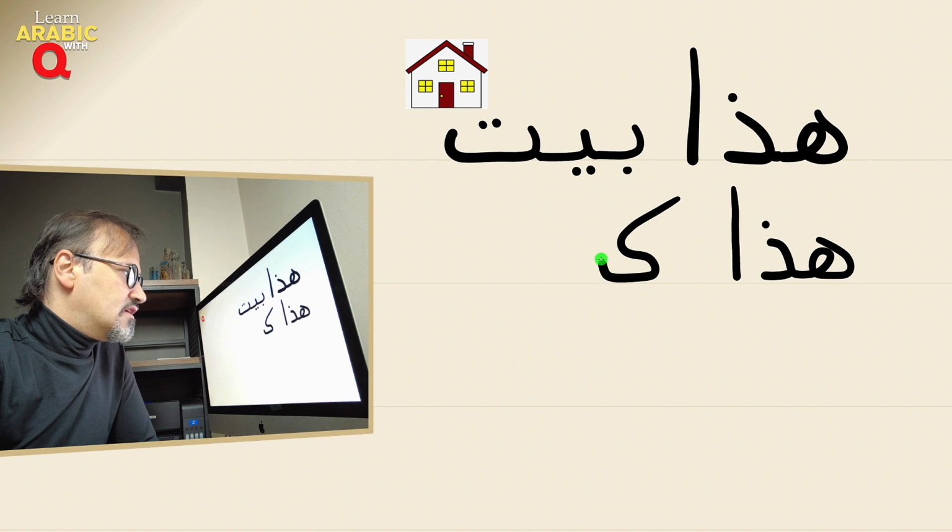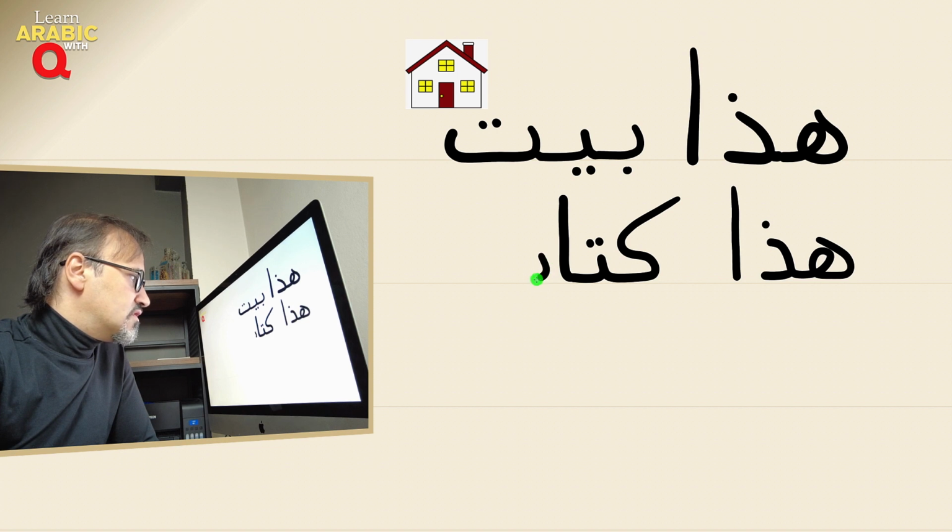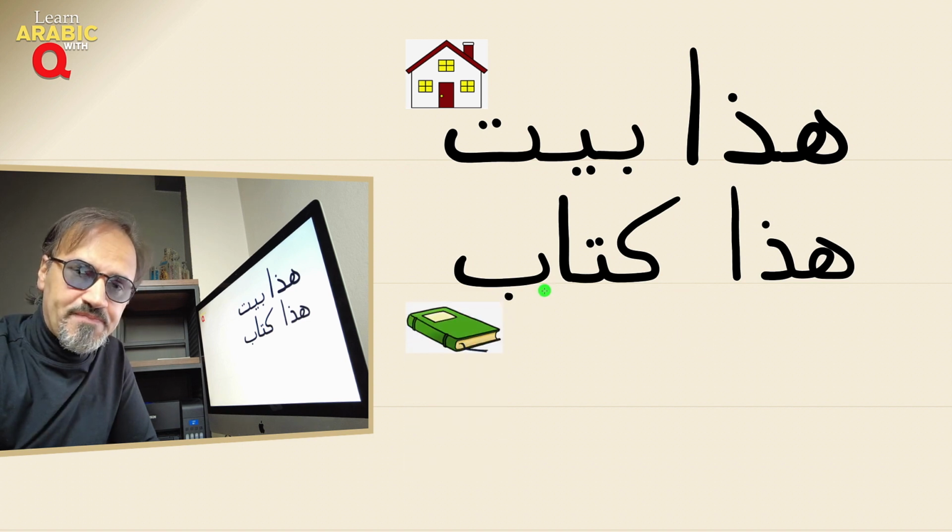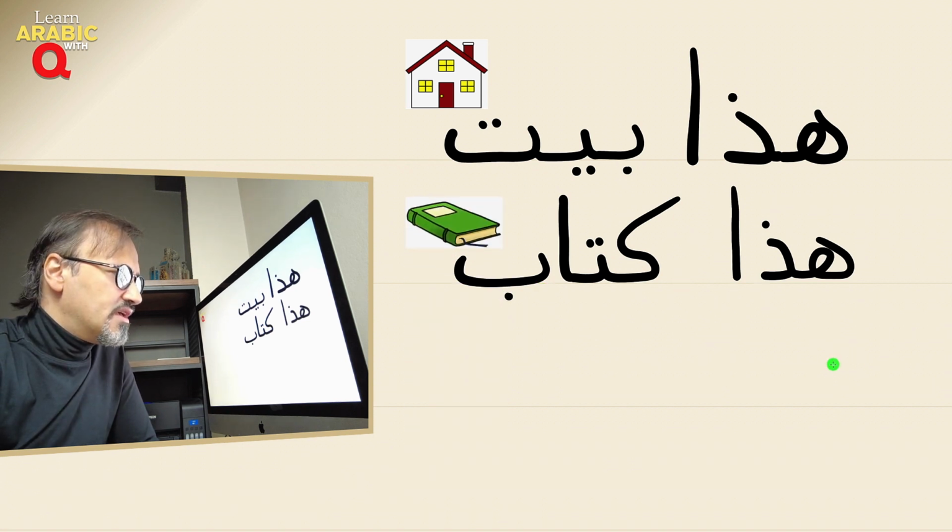Ki. T, two dots for te, kitab. See the kitab, and it ends with a b. One dot at the bottom. Hada kitab.